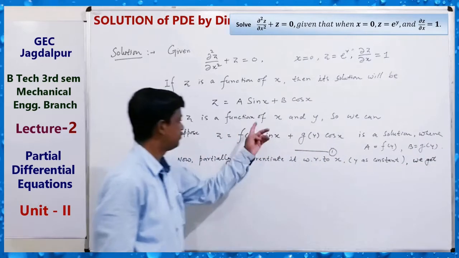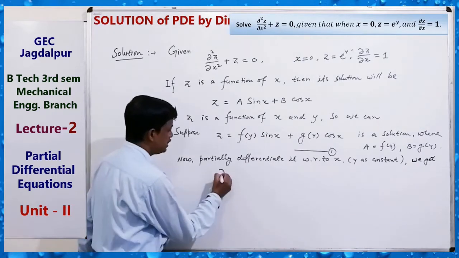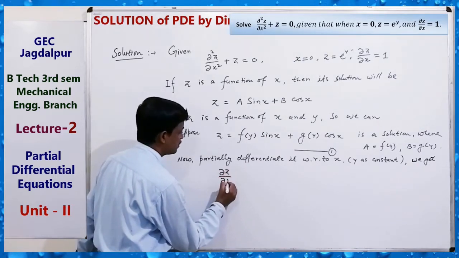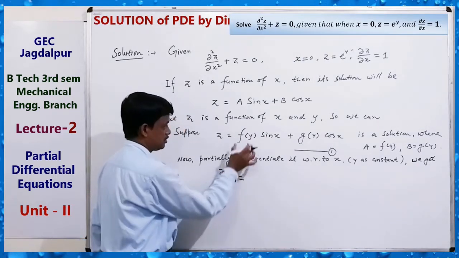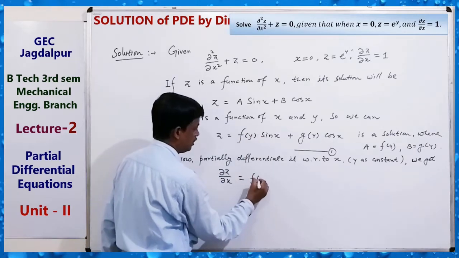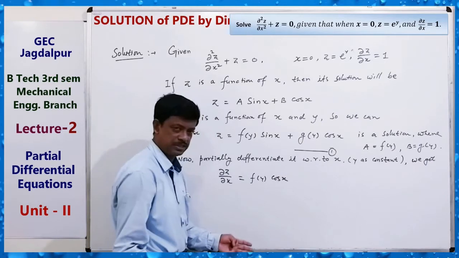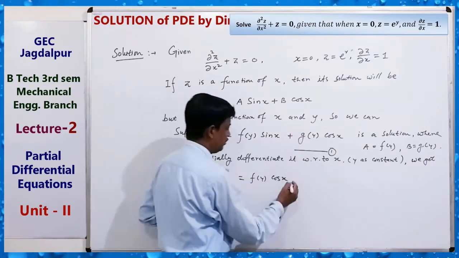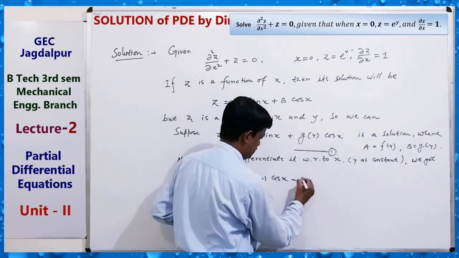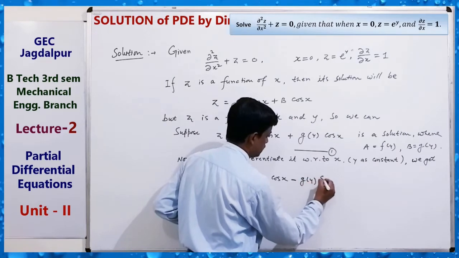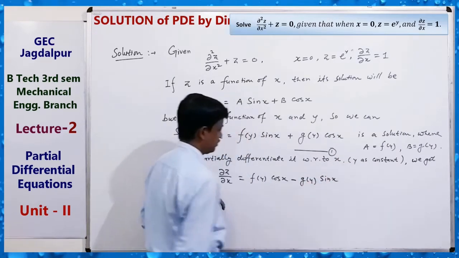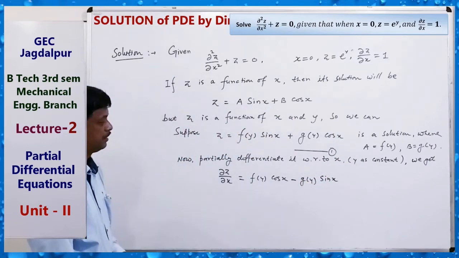We get del z by del x equals to f of y cos x minus g of y sin x, since f of y is constant and differentiation of sin x with respect to x gives cos x. This is equation 2.